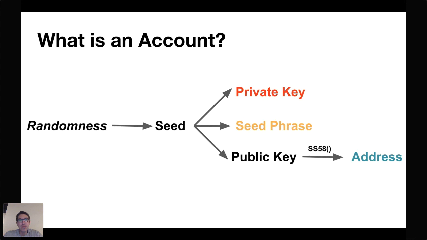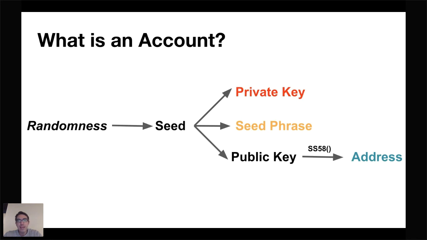If you've seen a raw seed perhaps in Polkadot.js, these are really just two ways of showing the same thing. The seed can always generate the private and public key. So we don't need to really keep the private key around anywhere, and you'll see that it is generally only used internally. It's usually not exposed to the user.